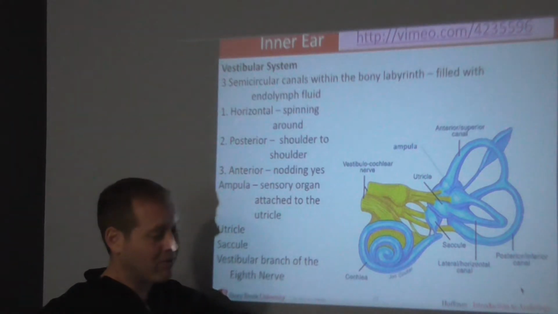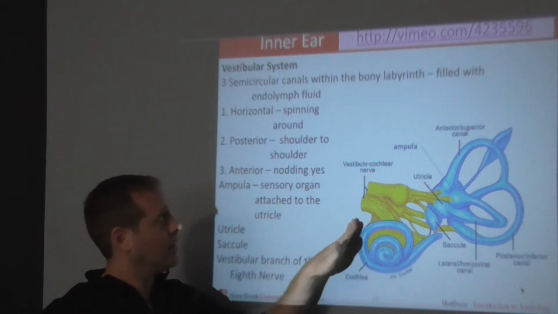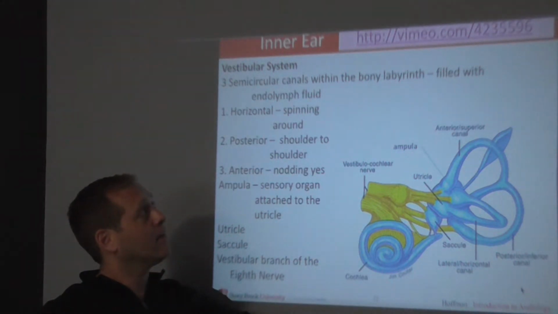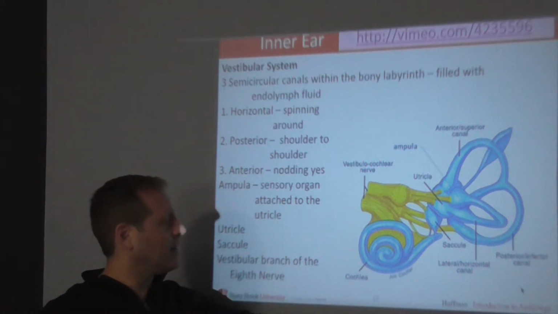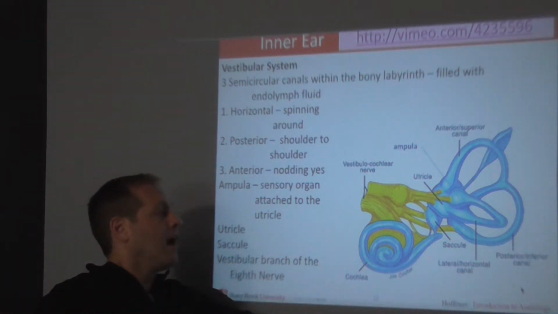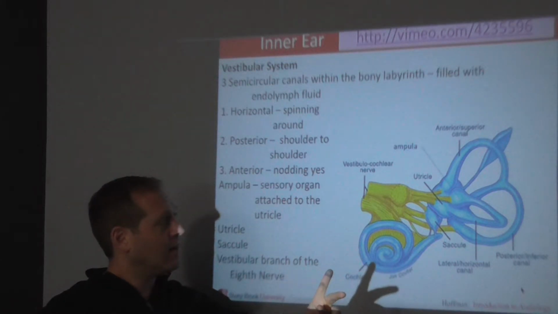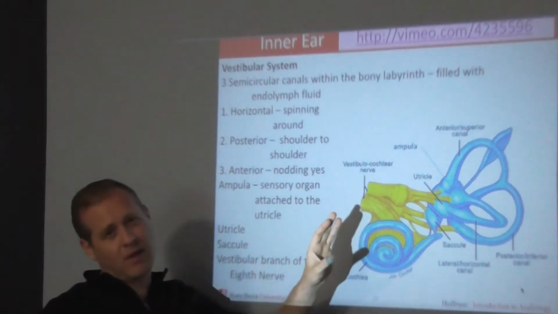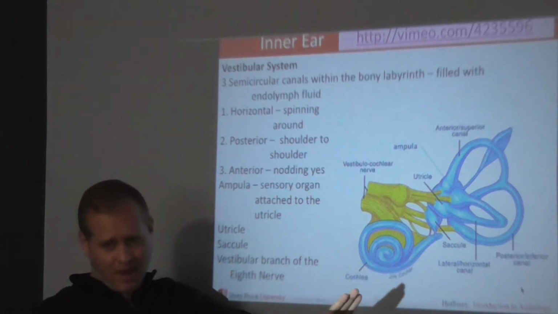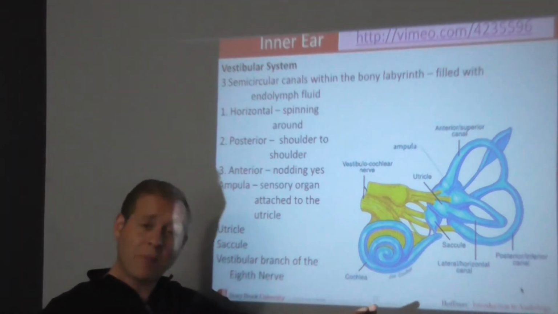Now, we're going to talk briefly about the inner ear. There's a video again at the top that'll show you some information about the inner ear. What you see here is the membranous labyrinth. The membranous labyrinth are the canals within the bony labyrinth.